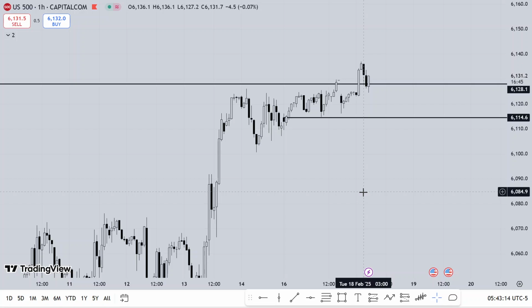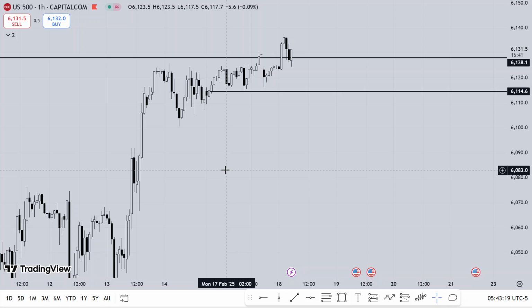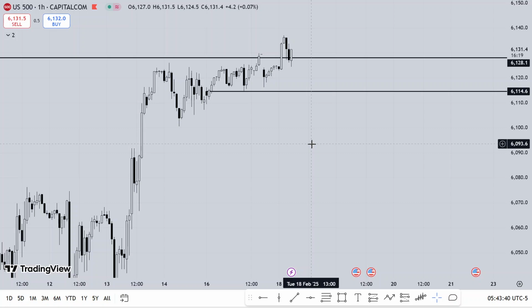For a power of three, you would expect accumulation of position at and around the opening price. Then we get a manipulation to the opposite side of our intended drawn liquidity for the algorithm to pair up liquidity. Then we have an expansion leg to the actual drawn liquidity.